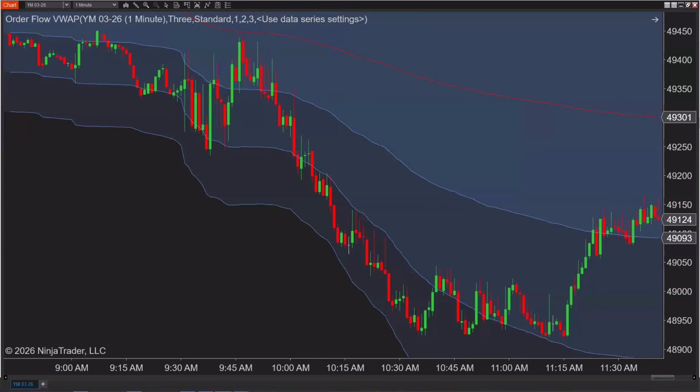Yep. All right. So this is a regular free VWAP that is available on any platform, NinjaTrader not excluded. So what is the problem with the regular VWAP? The main issue is that it does not reflect current market conditions.